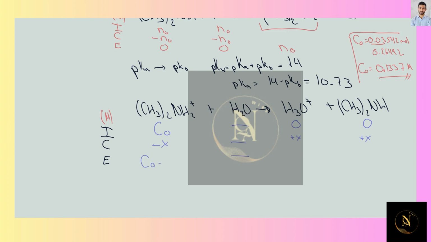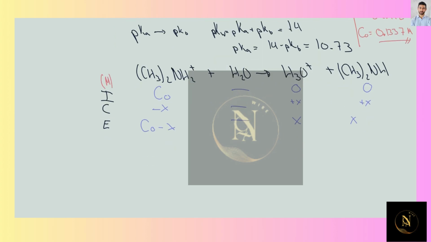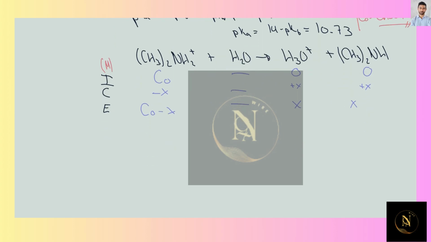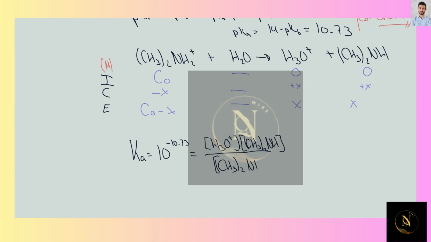At the equilibrium, we would get C0 minus x, and this is going to be equivalent to the Ka equation. Thus, the value for Ka, which is equal to 10 to the minus 10.73, a very small value, would be equal to the concentration of H3O plus times the concentration of (CH3)2NH, the dimethylamine, divided by the concentration of the weak acid, which is the dimethylammonium ion.